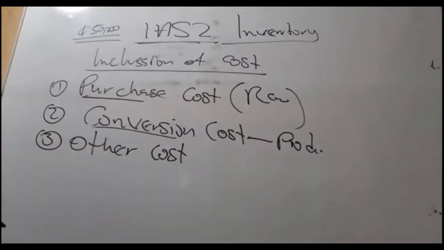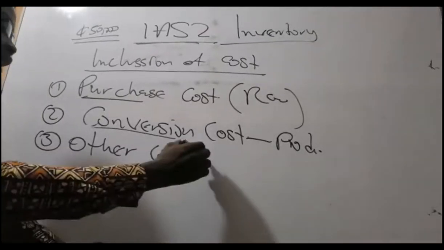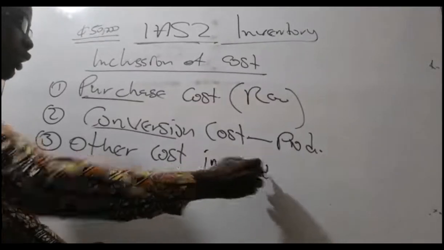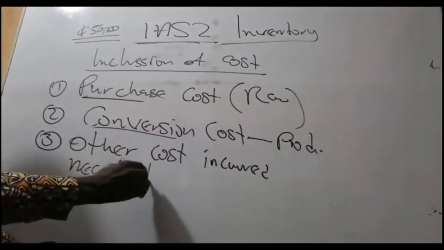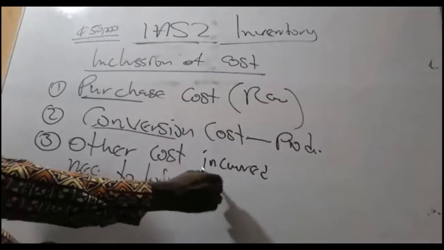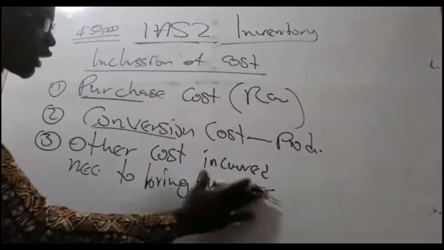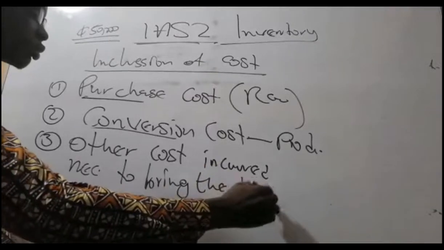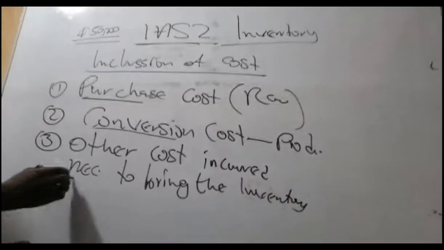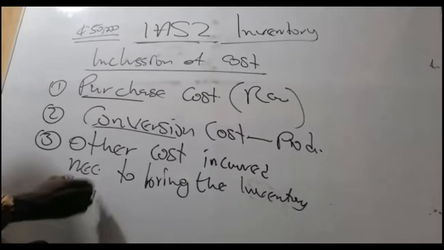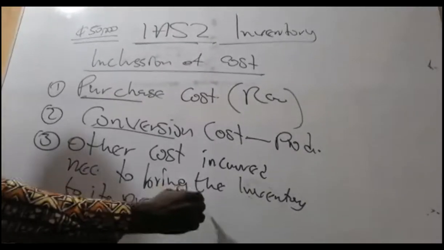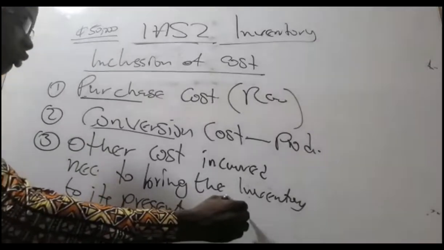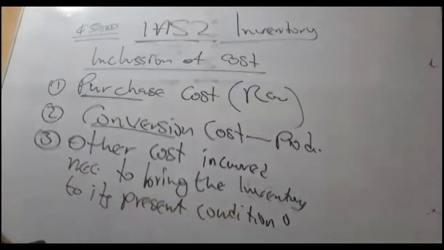Any other cost incurred necessary to bring the asset, here you can write the inventory, to its present condition and location.